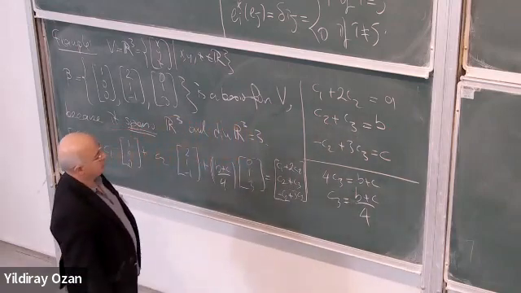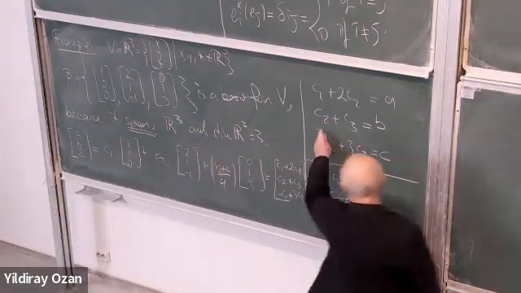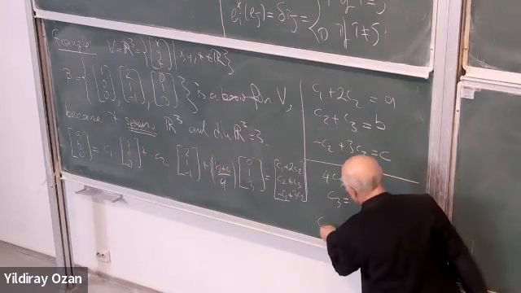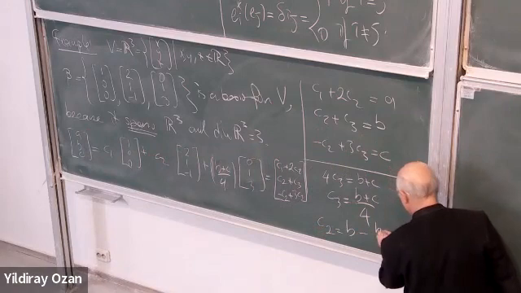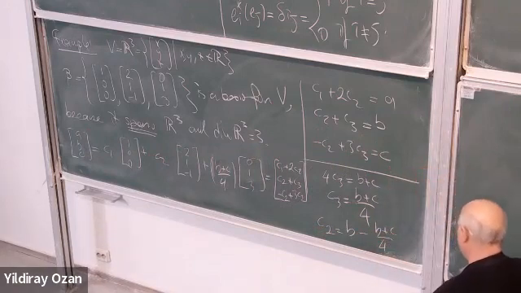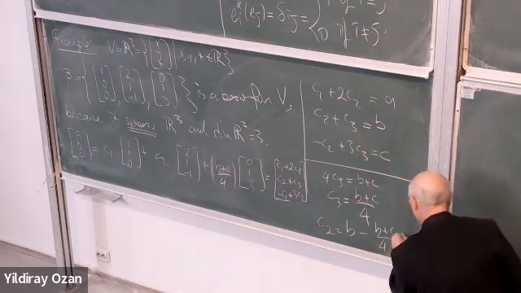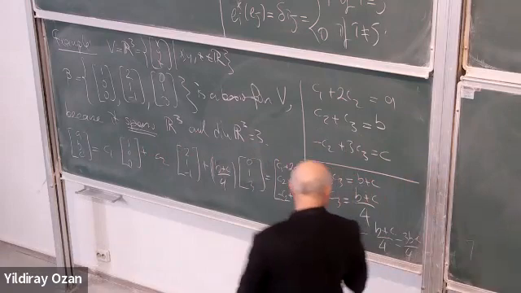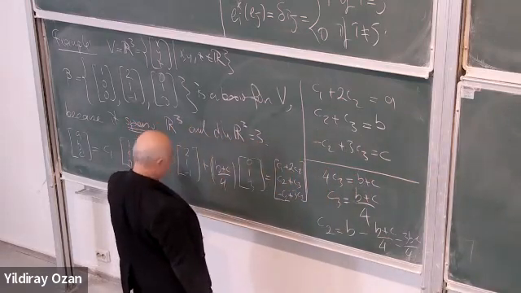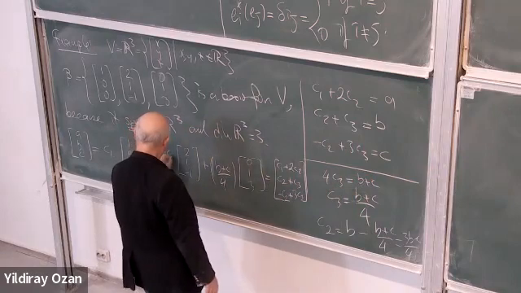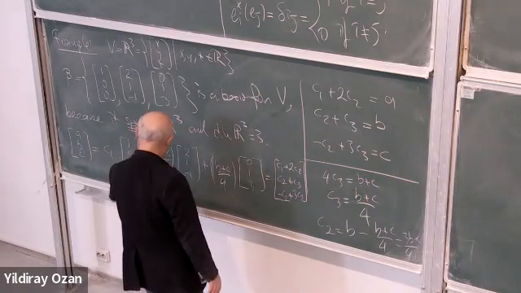And then C2 is what? C2 is B minus B plus C over 4. So that is 3B minus C over 4. So C2 is 3B minus C over 4.